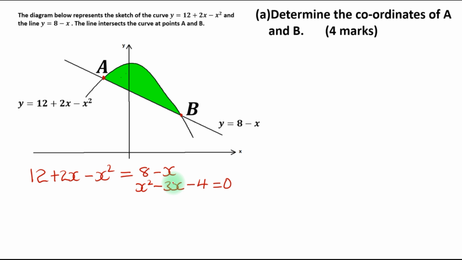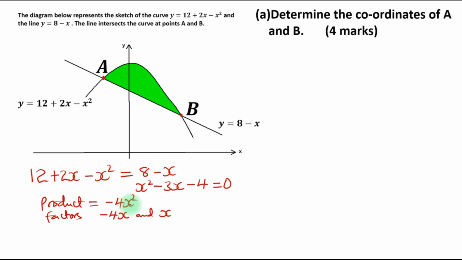So we use the factorization method. The product AC will be 1 times minus 4. So the product is minus 4x squared, and therefore I need factors of minus 4x squared such that when I add them, I'm going to get minus 3x. In my case, the factors would be minus 4x and x.